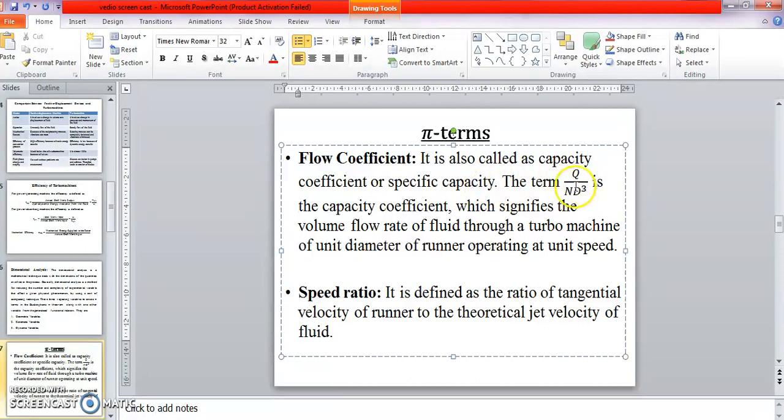The term Q divided by N D cube is the capacity coefficient, which signifies the volume flow rate of fluid through a turbomachine, unit diameter or runner operating at unit speed. The speed ratio is defined as the ratio of tangential velocity of the runner to the tangential jet velocity of the fluid.